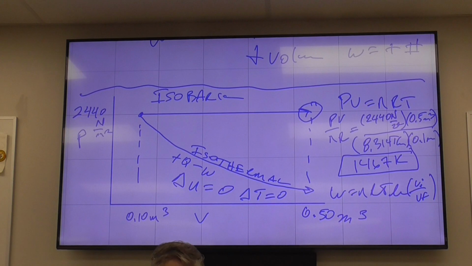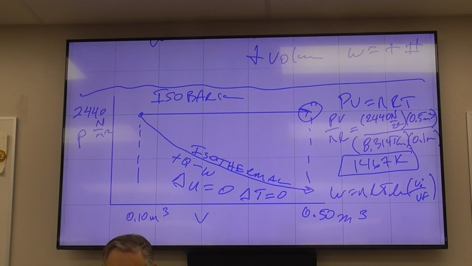Now, here's the other thing you need to look at, and this is the difference between temperature and heat. Just because you have a very high temperature doesn't mean that you have a lot of heat. Here's the classic example. It's wintertime, and the furnace has gone out on your house. You walk in and say, wow, it's really cold.